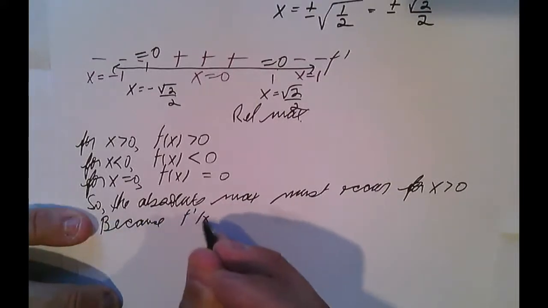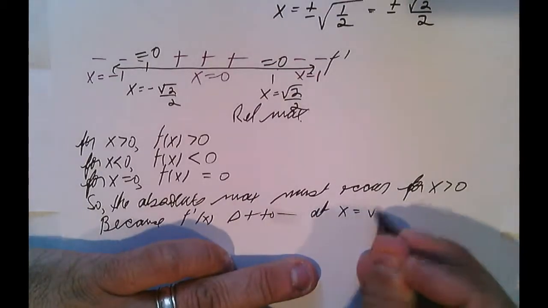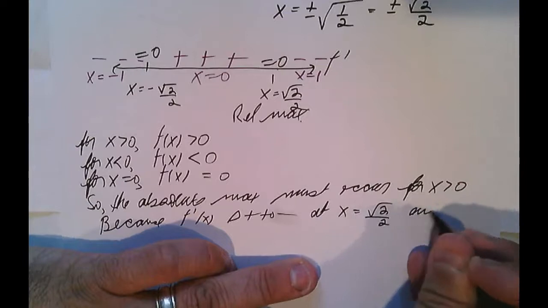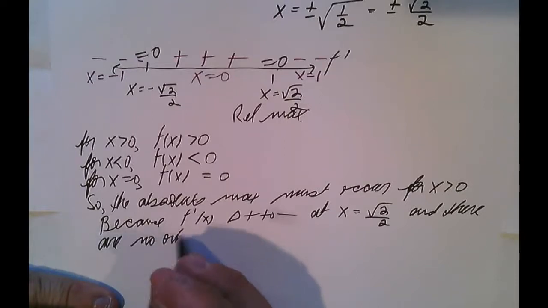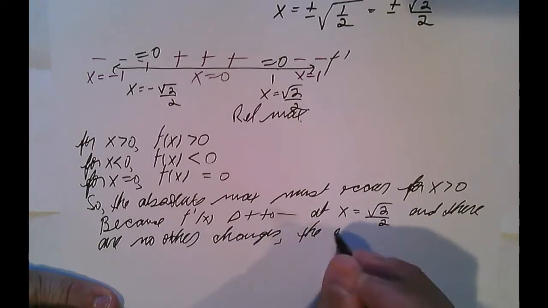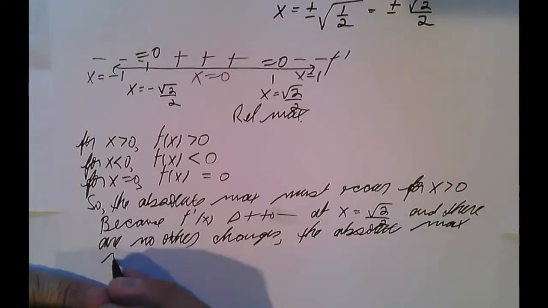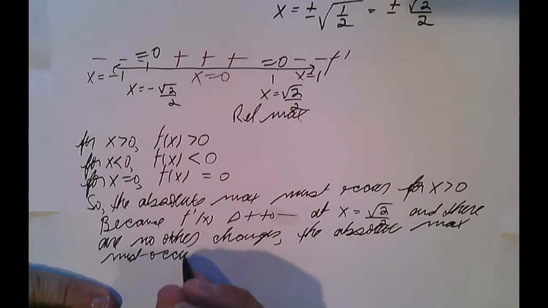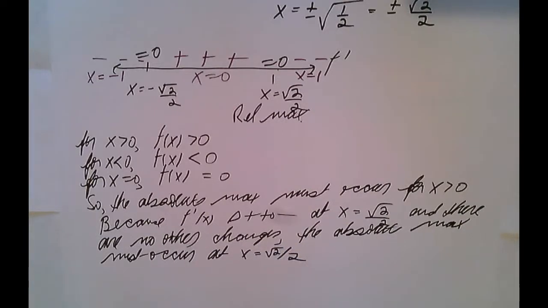Because f prime changes positive to negative at x equals square root of 2 over 2, and there are no other changes, the absolute max must occur at x equals square root of 2 over 2. To be honest, that is just, I thought that was mean.